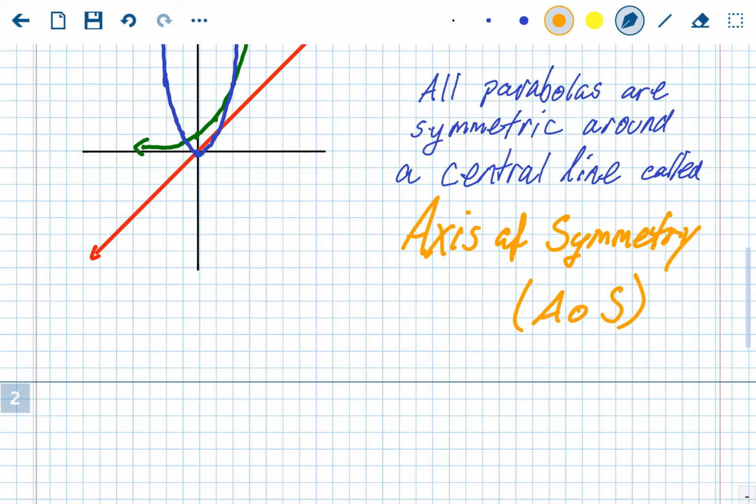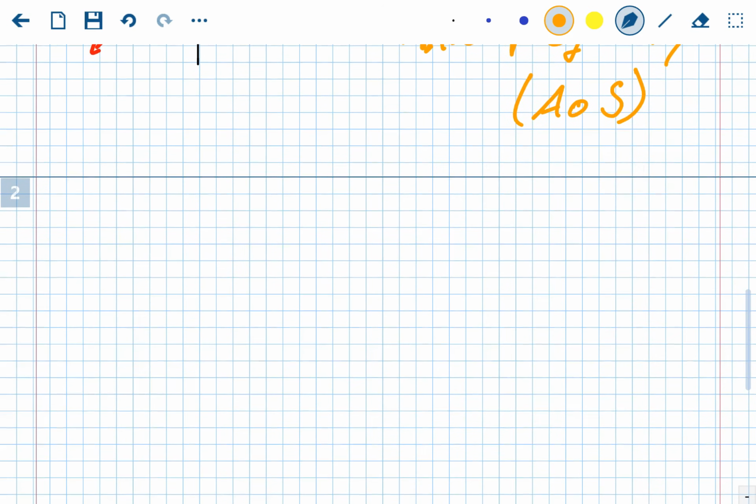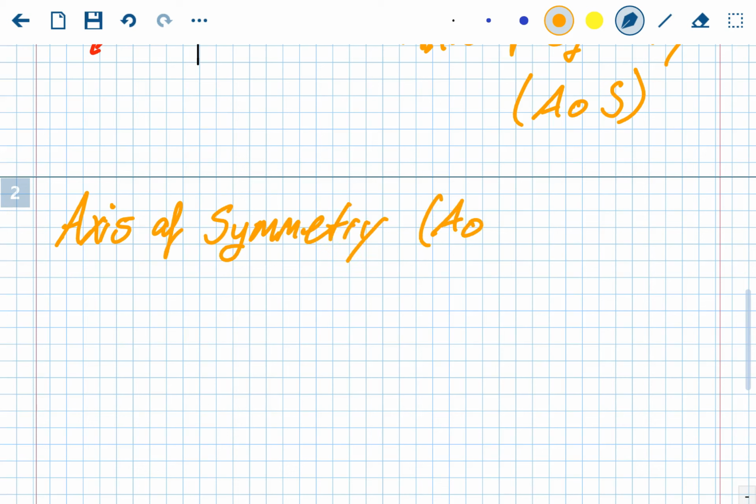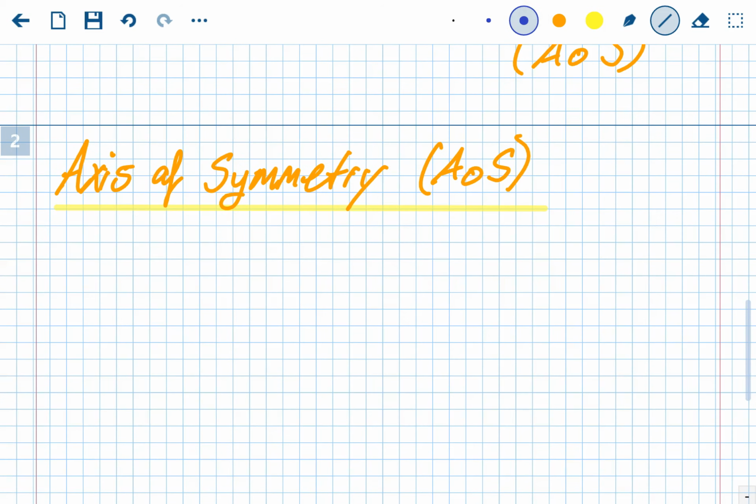All right, so let's talk about the axis of symmetry in a little more detail. The axis of symmetry is always going to be a vertical line. Now, technically, as a side note, parabolas can also go sideways.